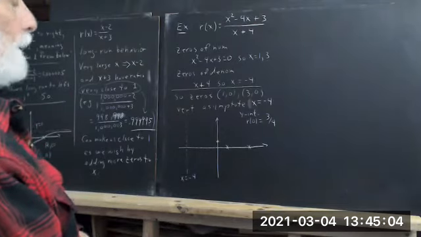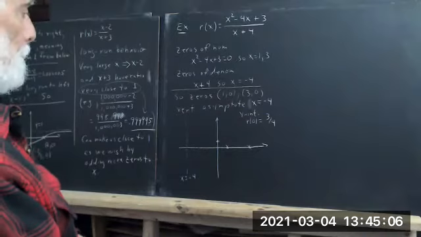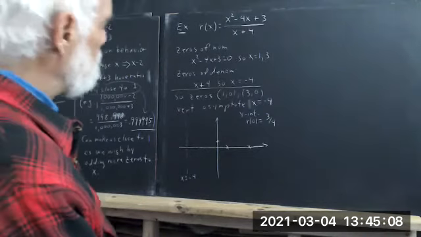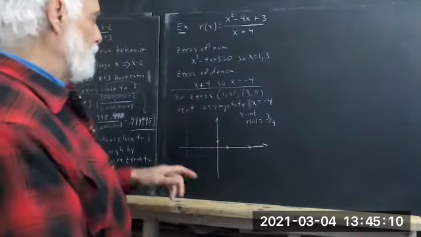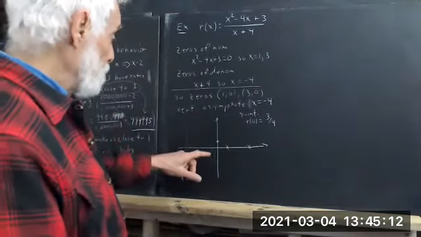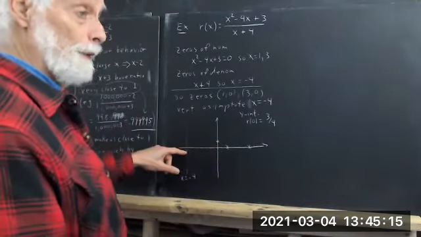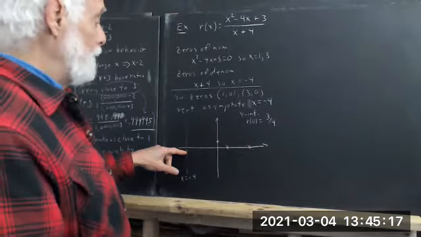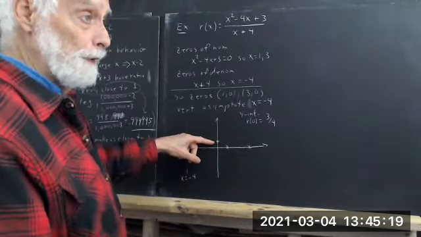Well, what can we determine from this? We can determine that there are no zeros between here and here. And the function is positive here.